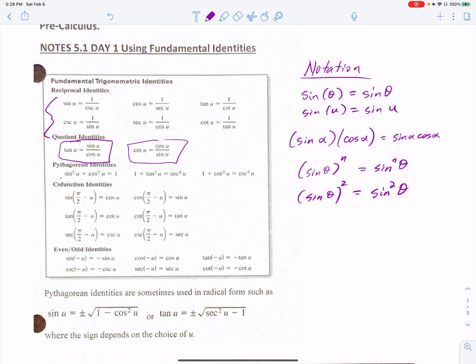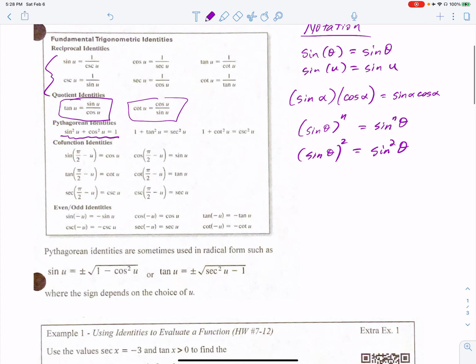Now, I want to take a moment with this Pythagorean identity. Sine squared plus cosine squared equals 1. So we have sine squared theta plus cosine squared theta equals 1.